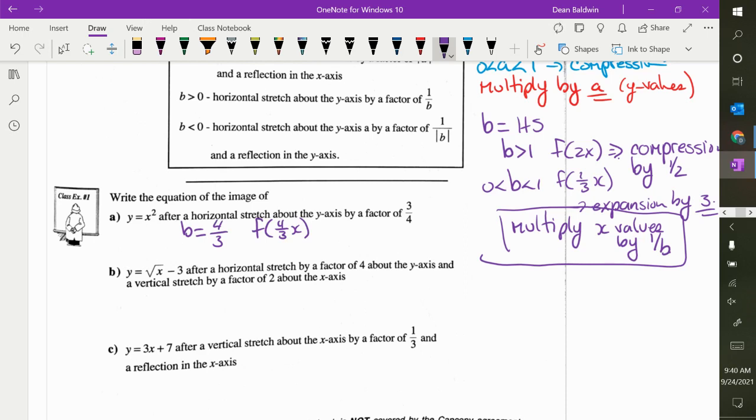Whatever's in the brackets goes where in the equation? In for x. So this becomes 4 over 3x all squared. You could leave it like that, or you could write it as 16 over 9 x squared. Doesn't really matter to me.